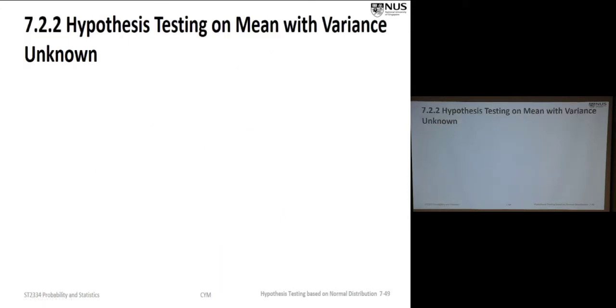How about when the variance is unknown? Still the same type of hypothesis. For example, you want to test mu equal to mu naught against mu bigger than mu naught. Can I still use this one as my test statistic? Cannot.